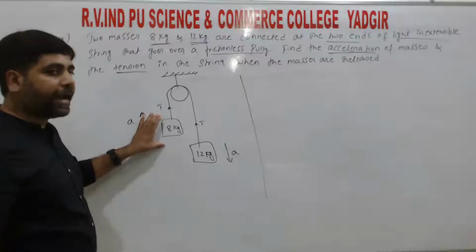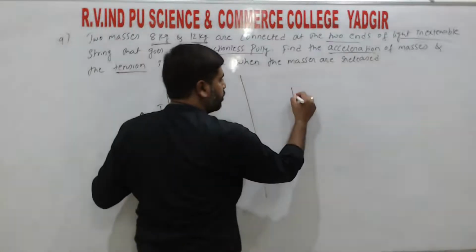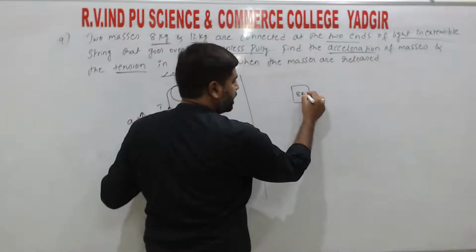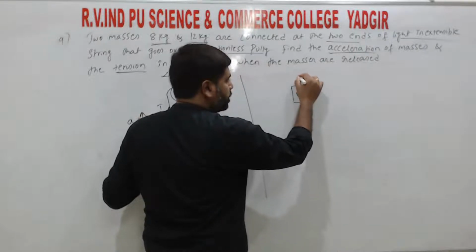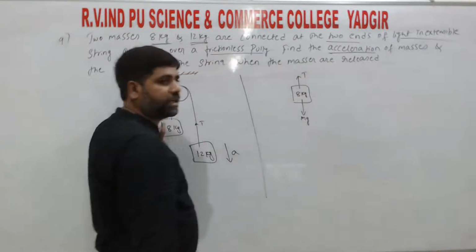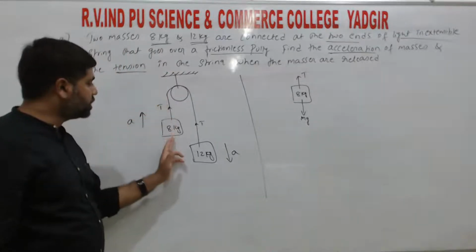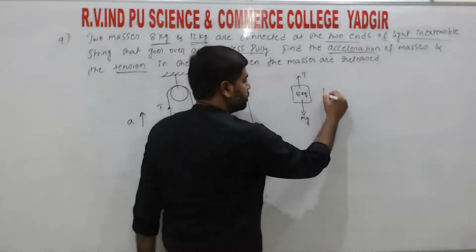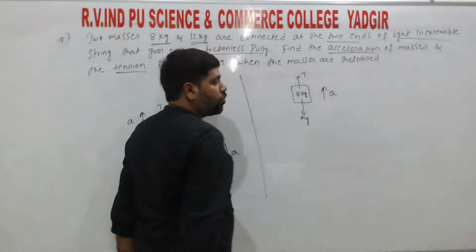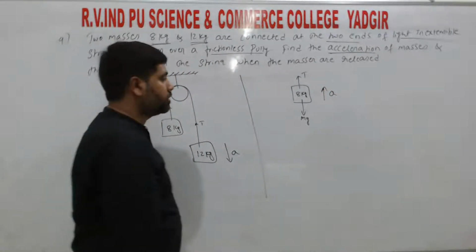So first 8 kg mass ಗೆ free body diagram ನ ಮಾಡಿದ್ರೆ, so this is 8 kg mass, so this weight is acting mg and tension. So ಈ string ಅಲ್ಲಿ ನಮಗೆ tension ಇದೆ, ಕೆಳಗಡೆ ಆಕ್ಟ್ ಆಗ್ತಿದೆ weight. So acceleration is in the upward direction, right?